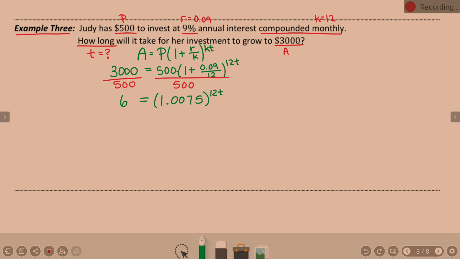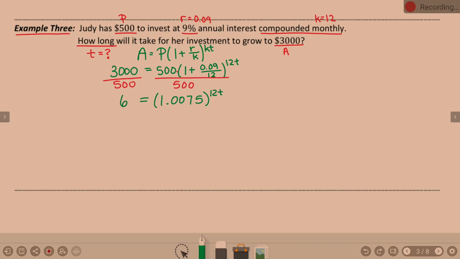Except we use log. We put log on both sides. Take the log of both sides. Yesterday, when we have an exponential equation and we can't get those bases the same, our job was to take the log of both sides.